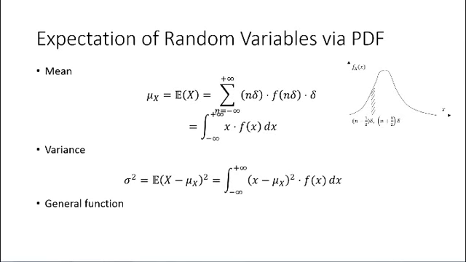Repeating this similar procedure, we can get the expectation of a general function of a random variable. Expectation of g(X) equals the integral of g(x) times the PDF f_X(x) over the whole interval. This is a very useful result. We will use it repeatedly in our study. And there will be an example about this in our later discussion.